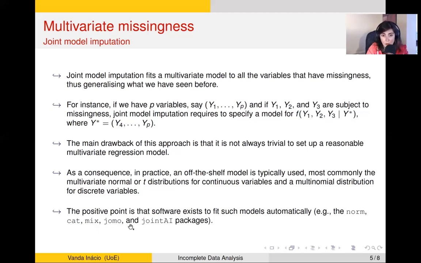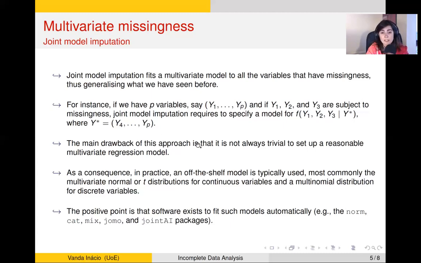And then JOMO and jomoImpute, a very recent package. They all fit different types of joint models for imputing values when we have several variables with missing values and the pattern of missing data is non-monotone.